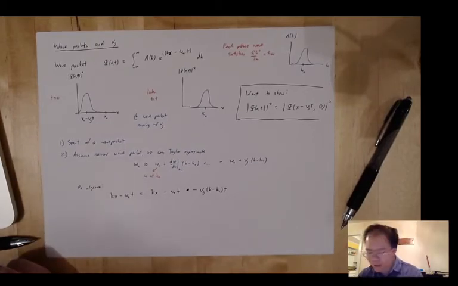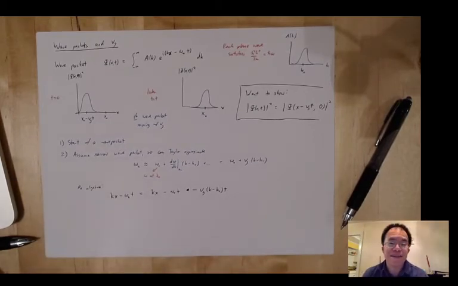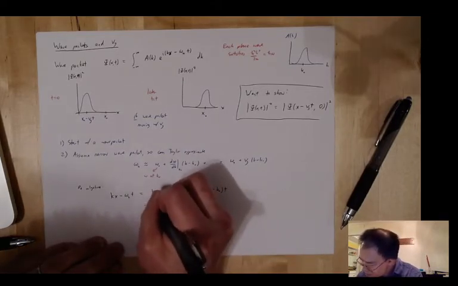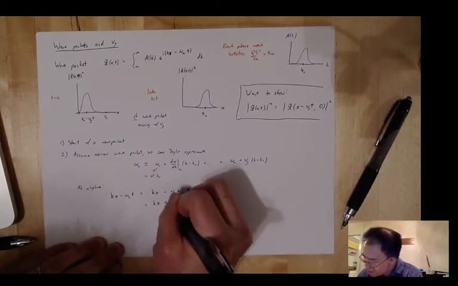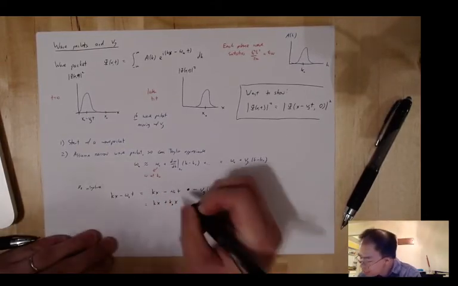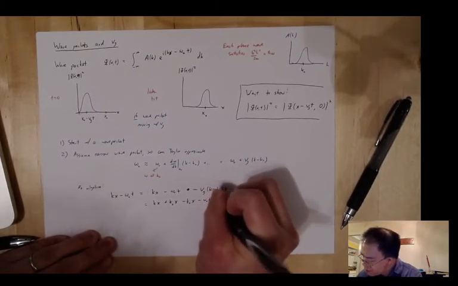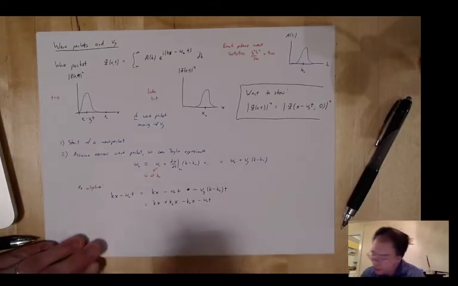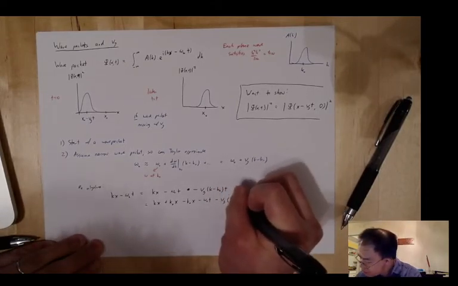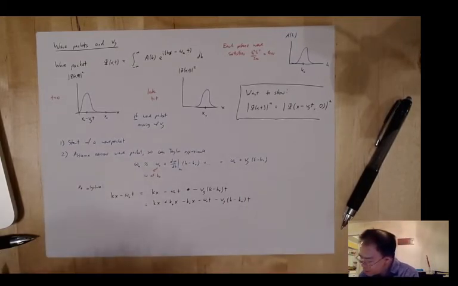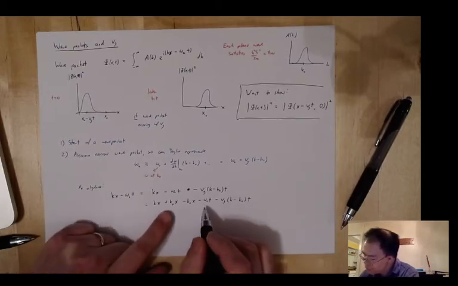Okay, so here's where the algebra gets a little bit messy. What we're going to do next is manipulate this a little bit. I'm going to add a term, k naught x. I can do that as long as I subtract the same term, minus omega naught t, minus vg times k minus k naught times t.